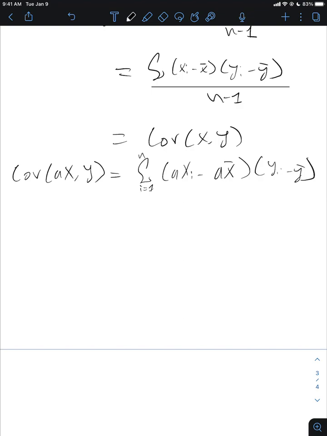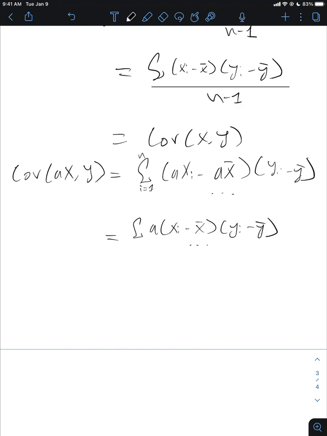And here I'm going to omit the subscript temporarily. So how does this work? Well, we can actually factor out that a, just like so. And again, we can write this out here.